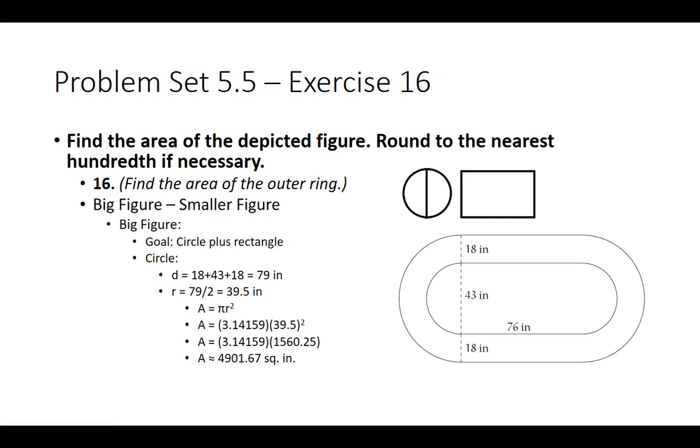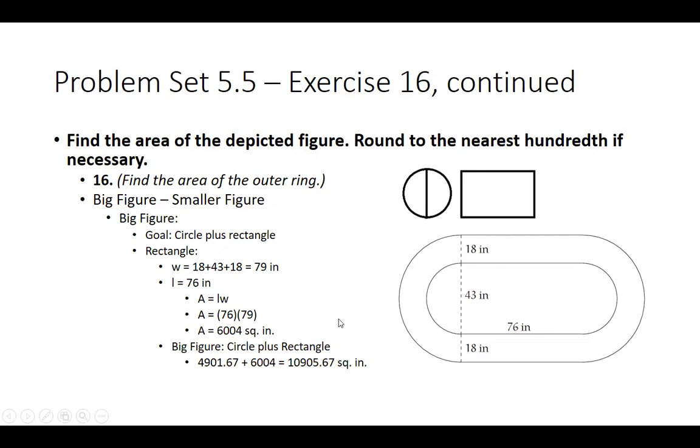We need to find the area of the big rectangle. For the big rectangle, one side is going to be the same as the diameter of the circle, 18 plus 43 plus 18, that was 79 inches.